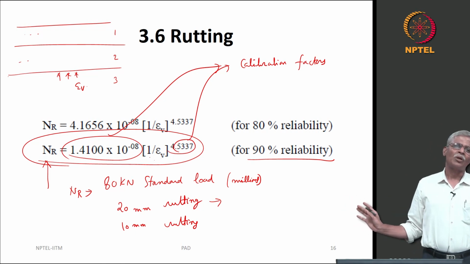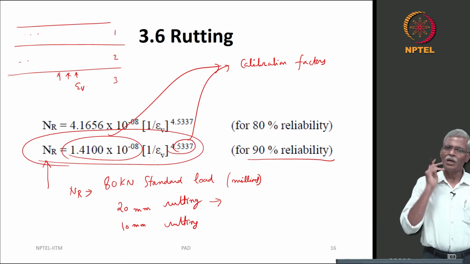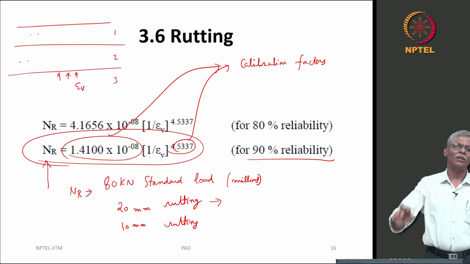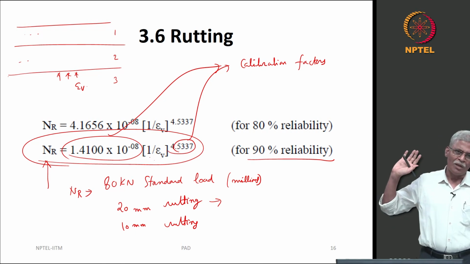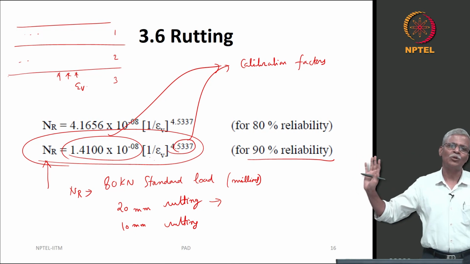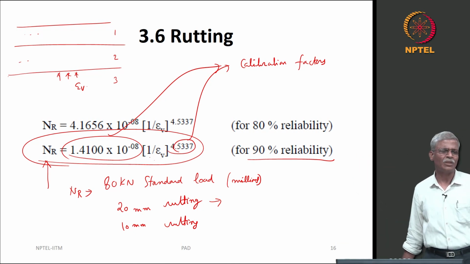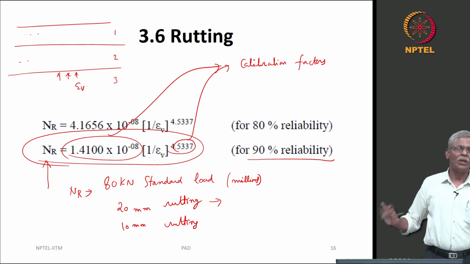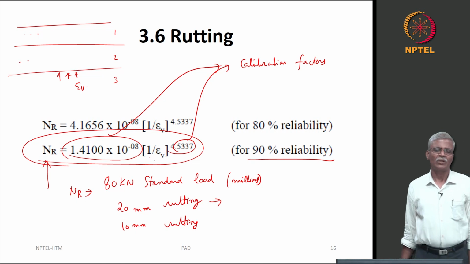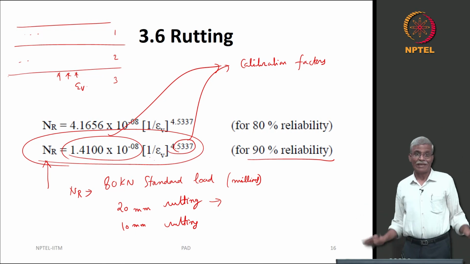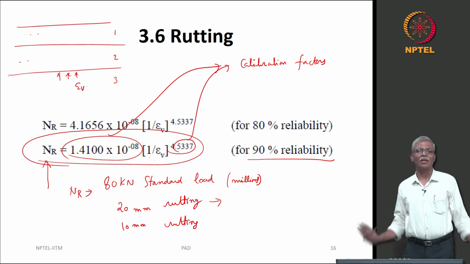If I give you the cross section and the thickness and the modulus value and the load that is applied and the tire contact area, whichever software you use, you are going to get only one value, epsilon V. There is no problem there. So, that is mechanistic, straightforward stress strain analysis.